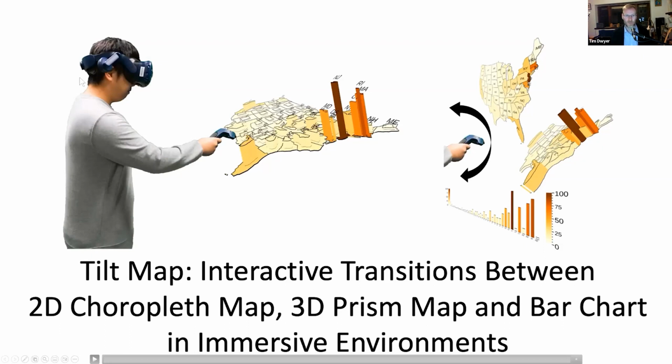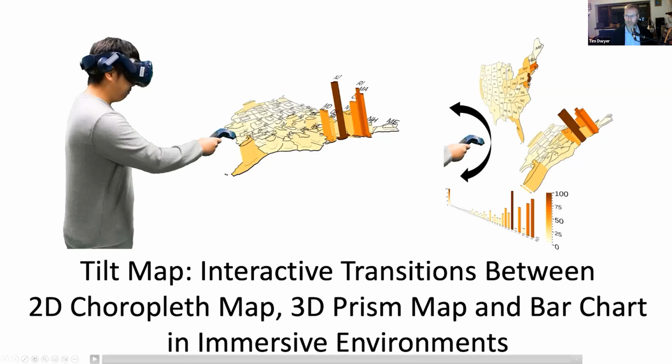So this is my former student, Yilong Yang, who is now a great visualization researcher in his own right at Virginia Tech. And this is a system that Yilong built a few years ago, which we called TiltMap. The idea here is that it's a visualization that you can manipulate in 3D, and as you tilt it, it changes form.